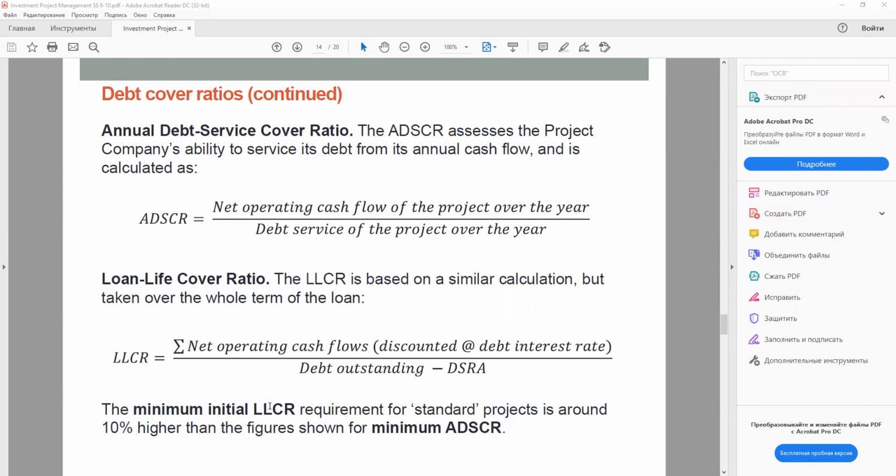Project life cover ratio. Another point that the lenders check is whether the project has capacity to make repayments after the original final maturity of the debt, in case there have been difficulties in repaying all of the debt in time. This extra debt service capacity is known as the debt tail, and lenders normally expect at least a year or two of cash flow cover in this way.